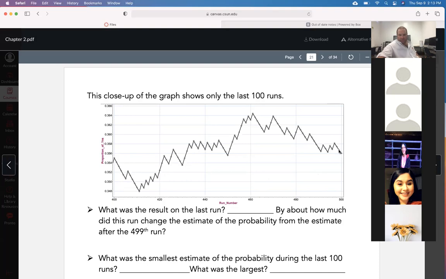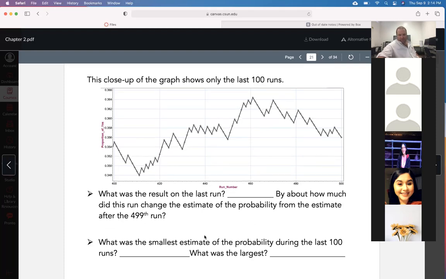At 499, it was roughly 0.357, and after the next one, it dropped to 0.356. So it changed by 0.001, correct? You guys with me? It's a pretty small change, which means we are far enough along in terms of run numbers where a yes or a no doesn't really change the probability that much.